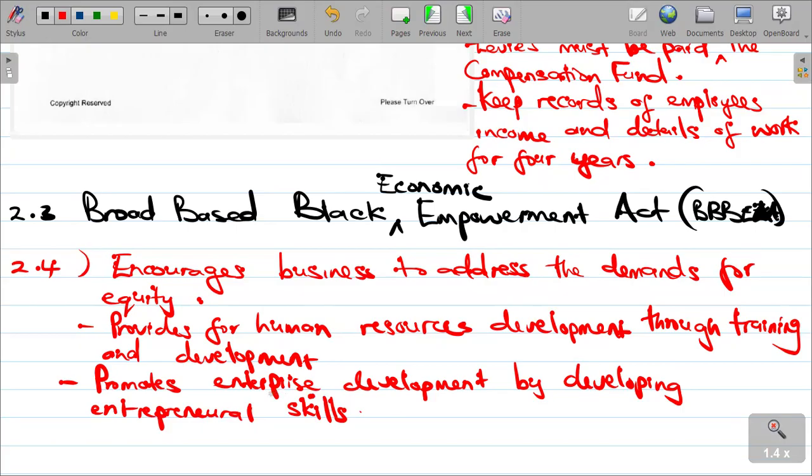All right. You can find that share prices of BBBEE compliant businesses are likely to increase as they attract more business.